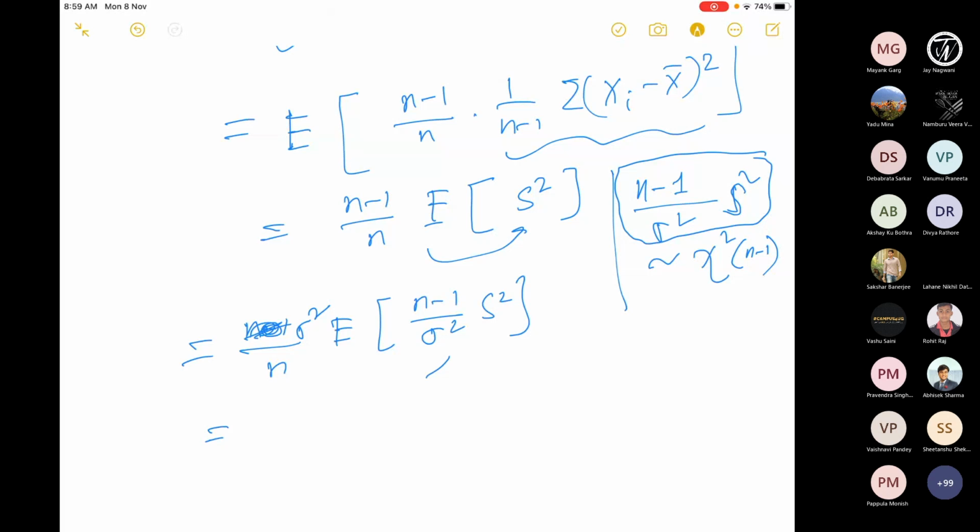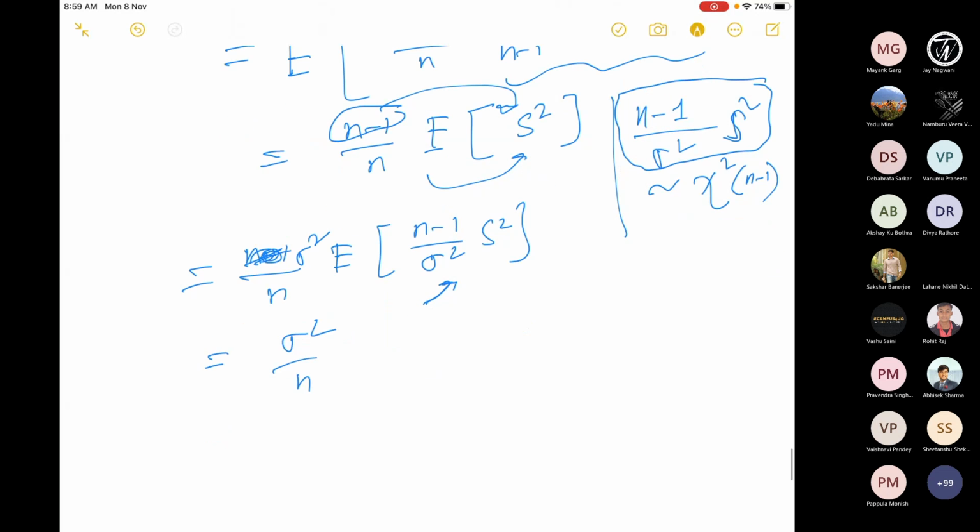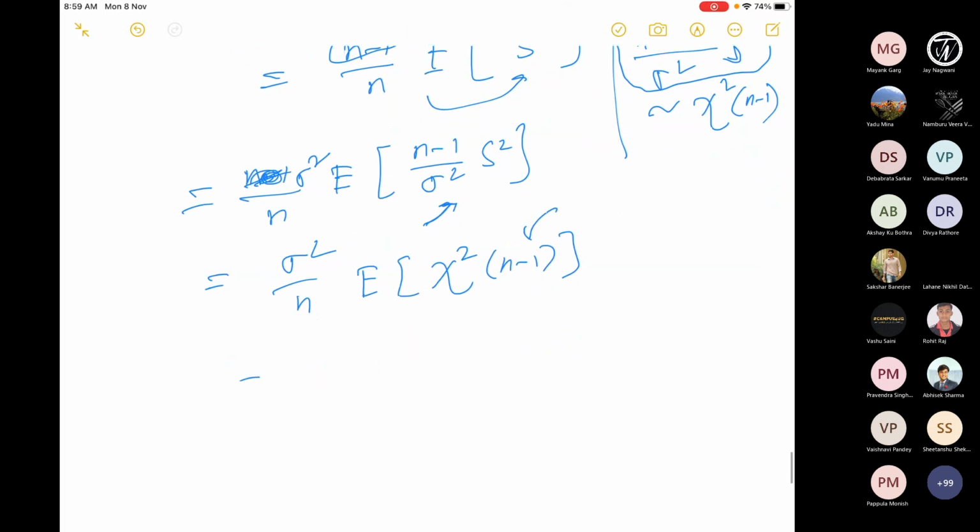If I want n minus 1 times s square, I have to put this inside, and multiply by sigma square, so in the denominator now I have sigma square. So this is sigma square by n times the expectation of chi-square n minus 1. For chi-square, the mean is nothing but the degrees of freedom. So here it is sigma square by n times n minus 1.